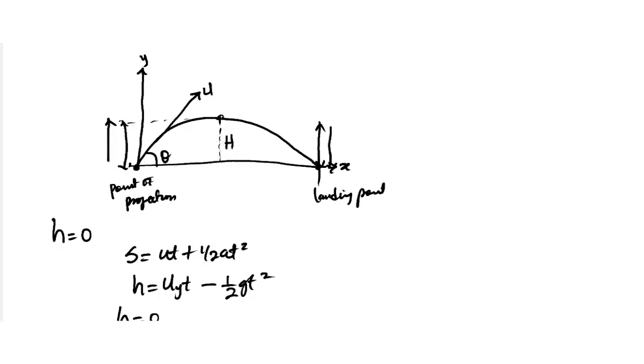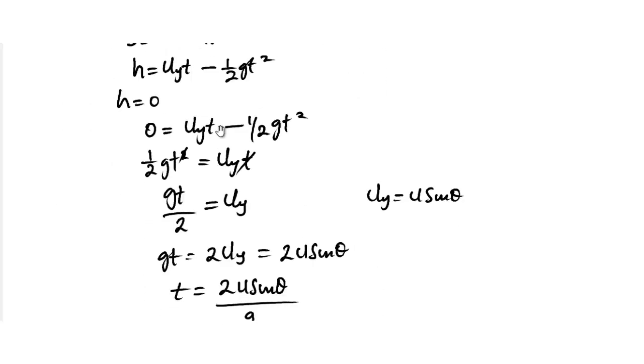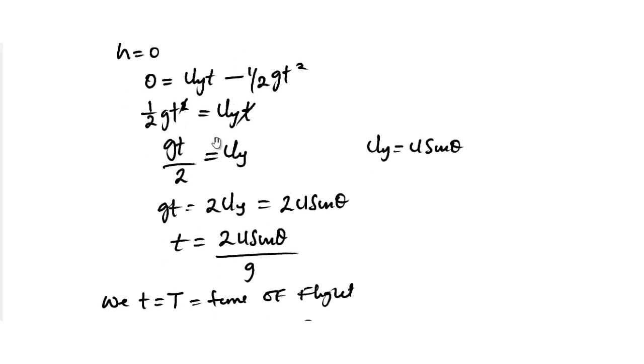The time it takes to get to this point is also equal to the time it takes from this point to reach the landing point, if air resistance is neglected. So we can determine the time taken to reach the maximum height by dividing the time for the whole journey, the time of flight, by 2.